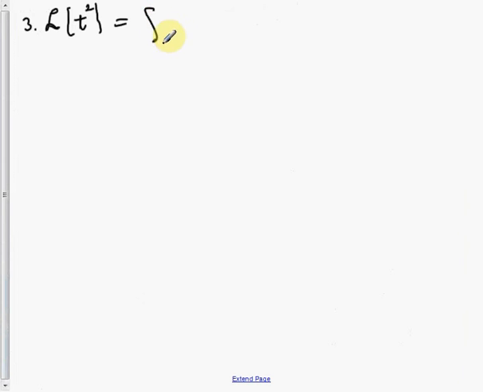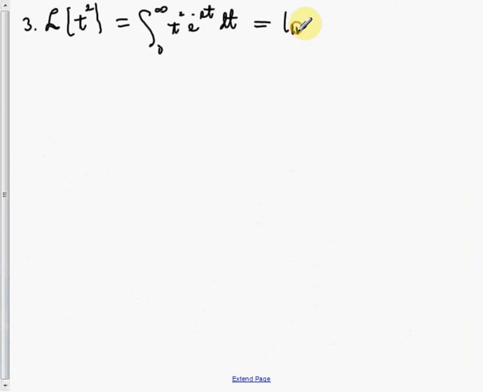So this is the integral from 0 to infinity of t squared times e to the negative st dt.